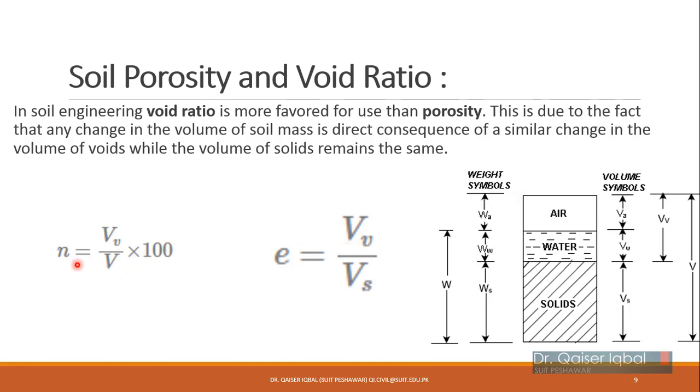While in the case of porosity, the volume of voids is divided by the whole volume. So if you compact or expand the soil, it will change the volume of voids, but it will also change the total volume as well. So that's why, because there is only one variable in void ratio, it can give you a better understanding and a better comparison between the loose and dense states of a soil.